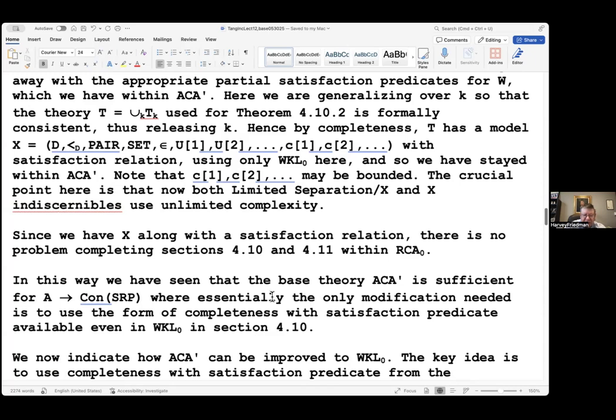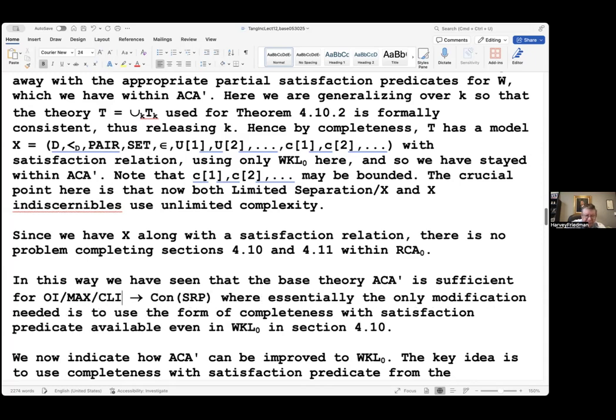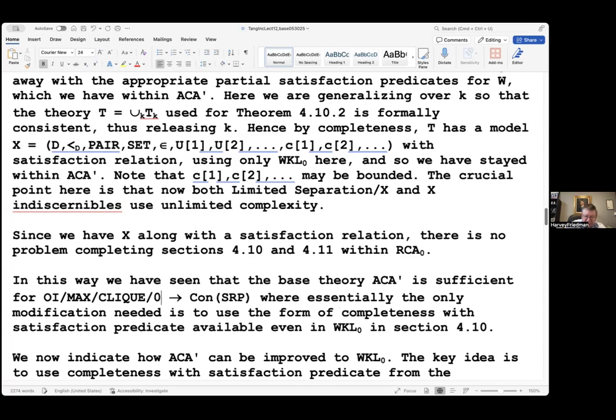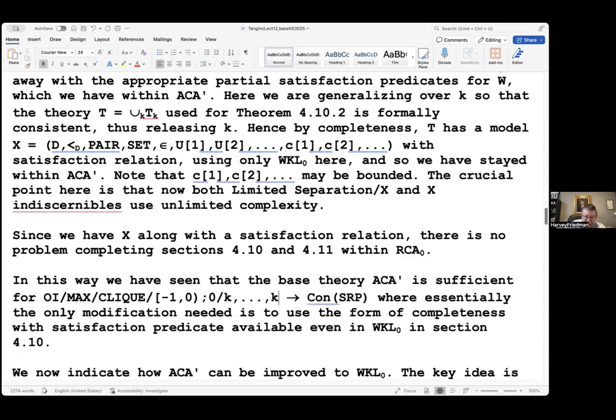In this way, we see that the base theory ACA prime is sufficient for the statement we're reversing, where essentially the only modification needed is to use the form of completeness with satisfaction predicate available even in WKL naught in section 4.10, as we discussed.